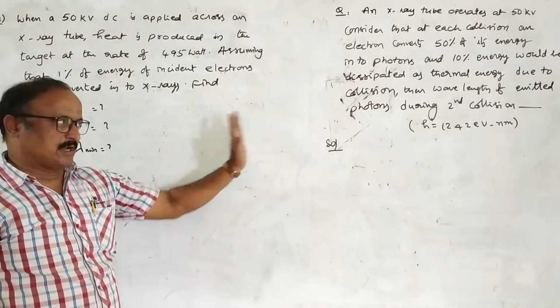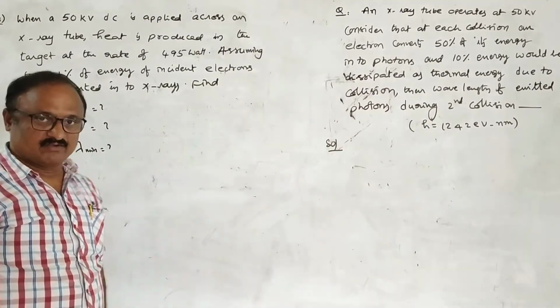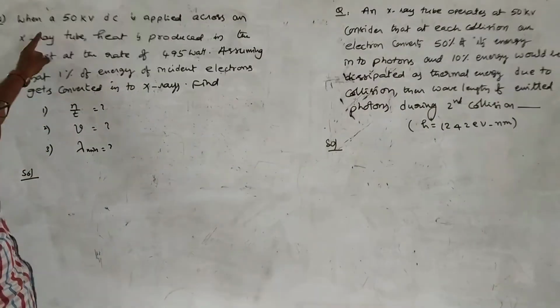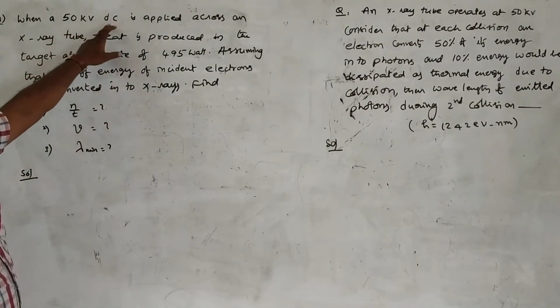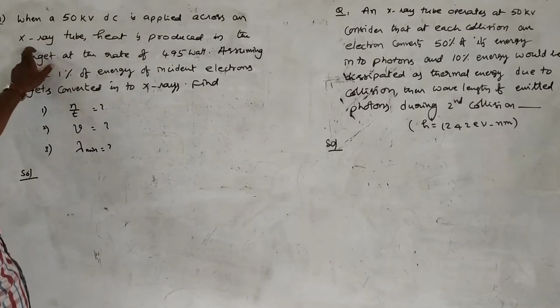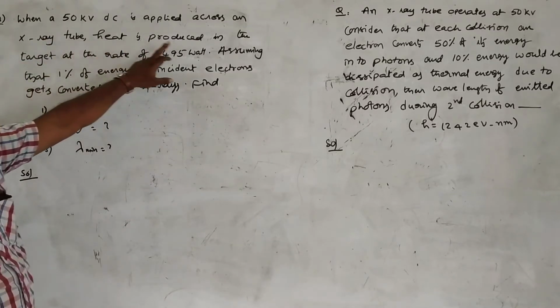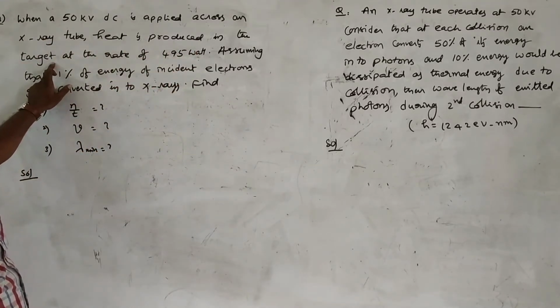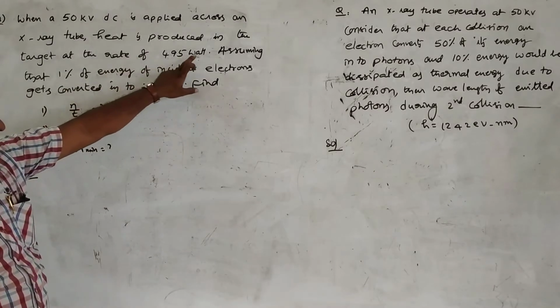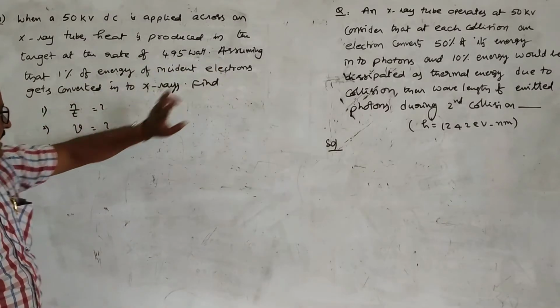Here, there are two more problems in advanced problems. First one is, when a 50 kilovolt DC is supplied across an X-ray tube, heat is produced in the target at the rate of 495 watts.